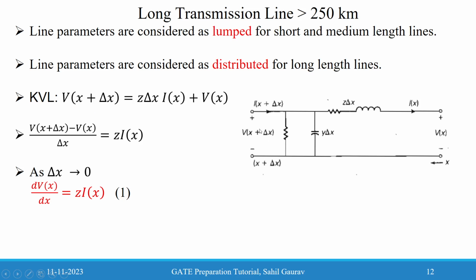Vx plus delta x is equal to Z delta x times Ix plus Vx. Now taking Vx to this side and dividing by delta x, it is equal to Zix. Since delta x is tending to 0, because we have considered a very small infinitesimal distance, this is the expression for the derivative term. So you can write dVx divided by dx equals Zix. We can consider this as the first equation.